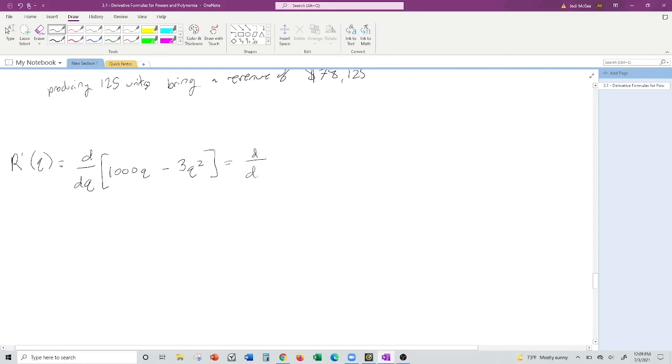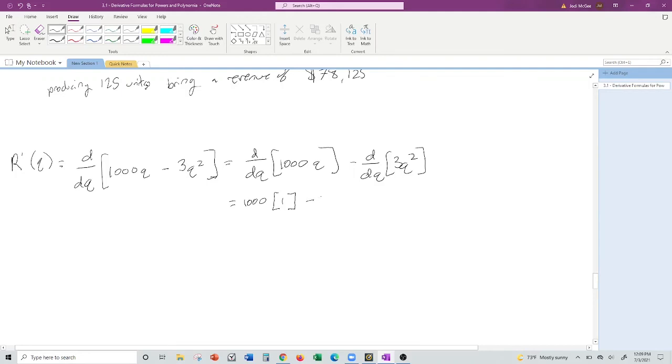We get the derivative with respect to q of 1000q minus the derivative with respect to q of 3 times q squared. Then we have a constant multiple rule where we can pull out the 1000, and we just have the derivative of q with respect to q, which is just 1.